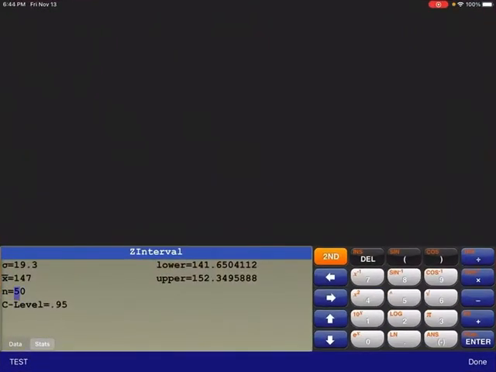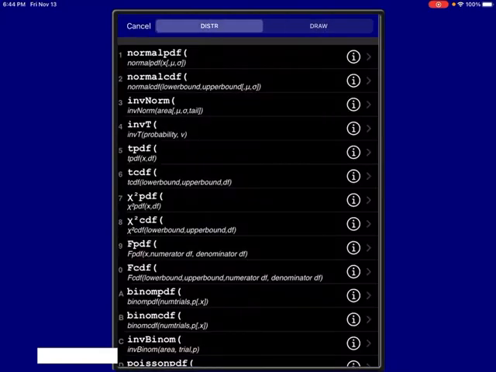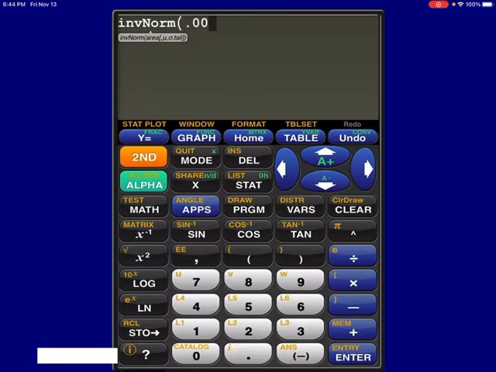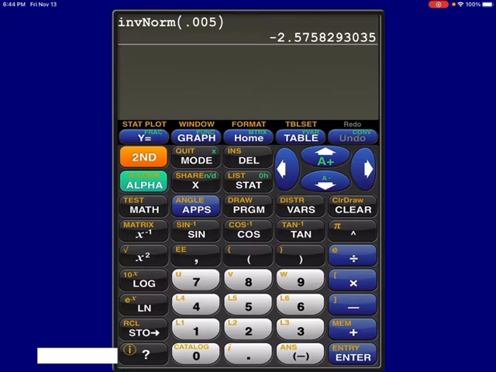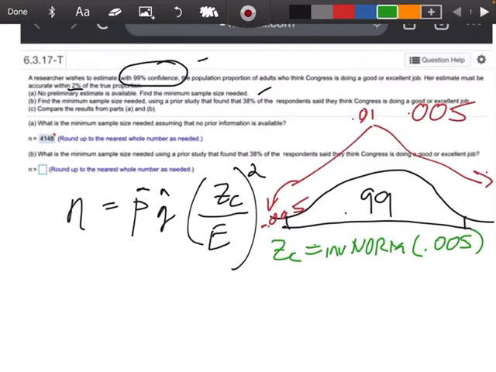We're going to go second, bars, to inverse norm, 0.005, hit enter, and to 2 decimal places I'm coming up with negative 2.58. Negative 2.58 is that value right here.